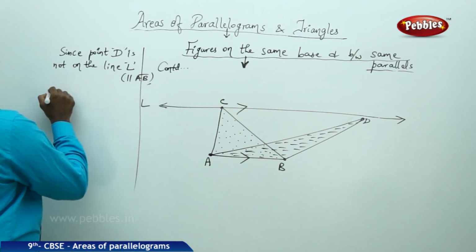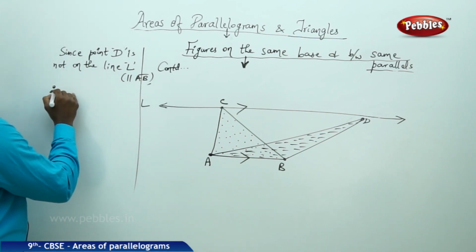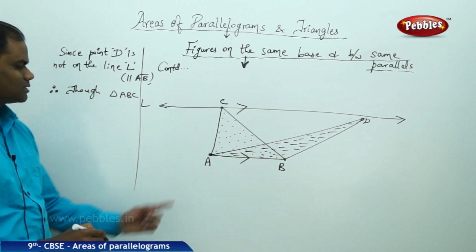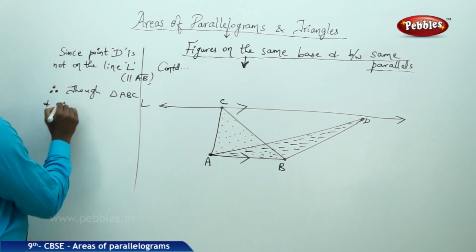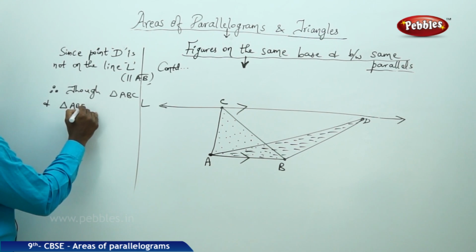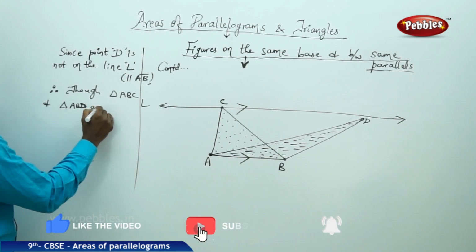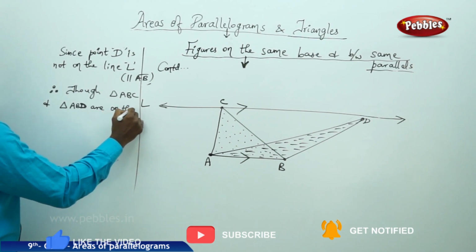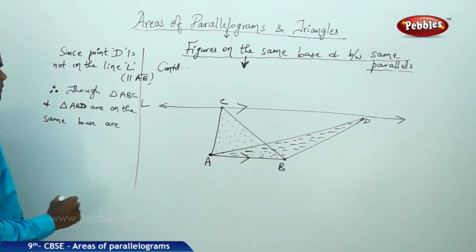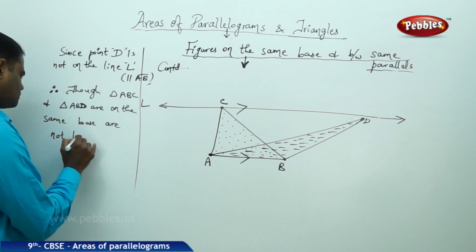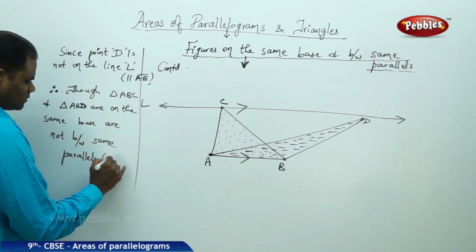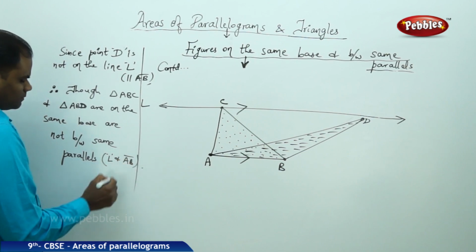AB, therefore though the two figures, triangle ABC and triangle ABD, are on the same base, they are not between same parallels L and AB.